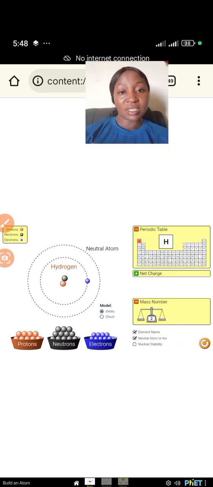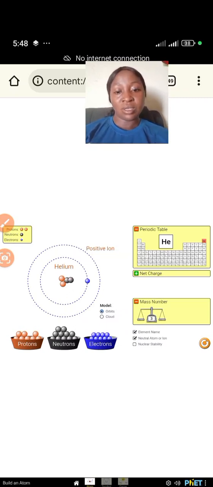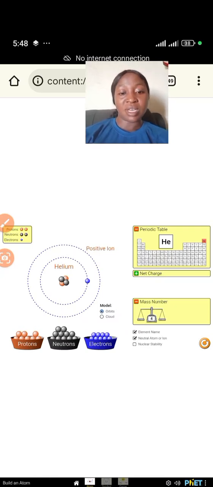All right, so we can try for other elements. So it has changed. It is helium. And what's the mass number? The mass number is 4. And of course, we are having one electron at the outermost shell, and it's giving you positive.